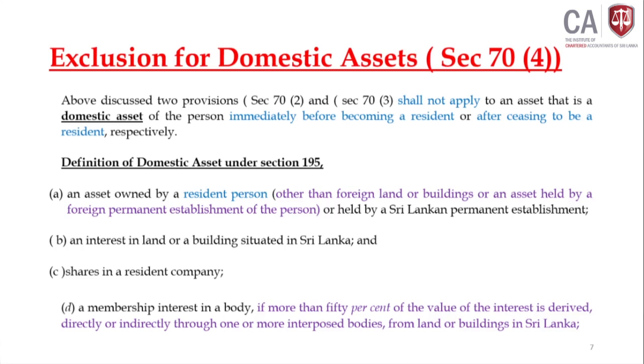Okay. What are the domestic assets? The asset owned by the resident person, or held by the Sri Lankan permanent establishment, other than the foreign land or building which is in the foreign PE; then interest in land or building in Sri Lanka, that means ownership or interest in the land or building in Sri Lanka; the shares in a resident company; and 50% of the value of the interest if it is derived directly or indirectly, through one or more interposed bodies, from land or building in Sri Lanka.